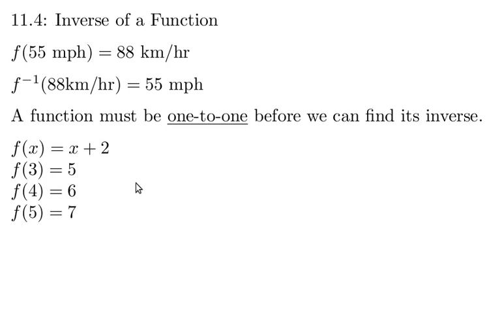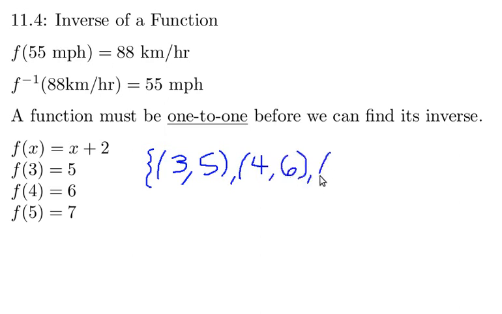Well, we can think of this as a set of ordered pairs. So we can think of it as 3, 5. We can think of it as a set, too: 3, 5, 4, 6, and 5, 7.